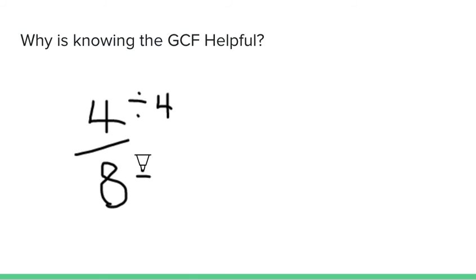I always say, and you probably heard this before elsewhere, whatever you do to the top of a fraction, you must also do to the bottom. So 4 goes into 4 once, and 4 goes into 8 twice. So its simplest form is 1/2, which I think most of you could have already figured out on your own, but this works with more complex and larger fractions when we're dealing with bigger numbers.